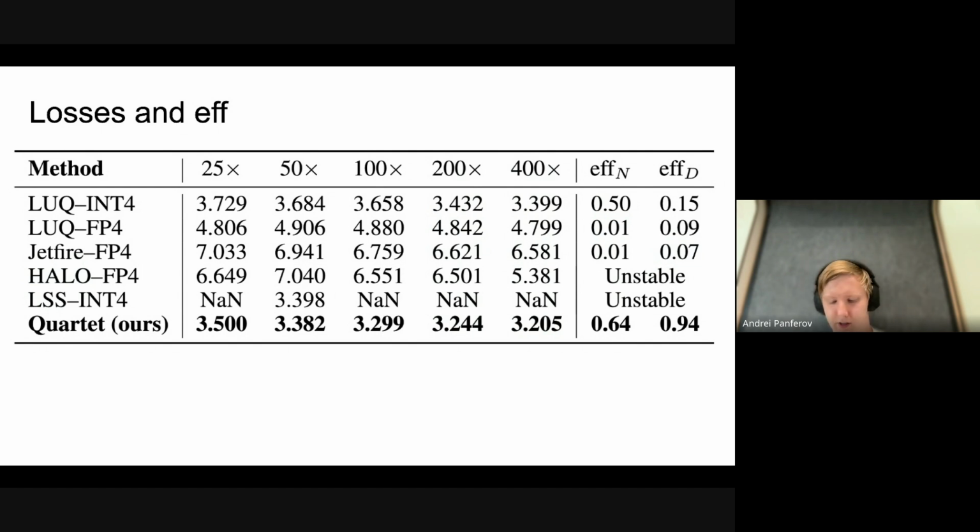And as such, they might underperform for lower precision of FP4. And when comparing, we can see that Quartet has noticeably higher parameter efficiency, data efficiency, and better final losses when compared to all those baselines, with only LSS int4 ever being close to Quartet.